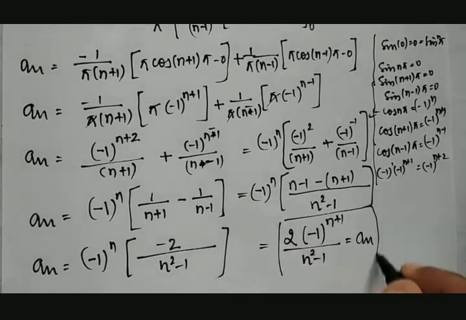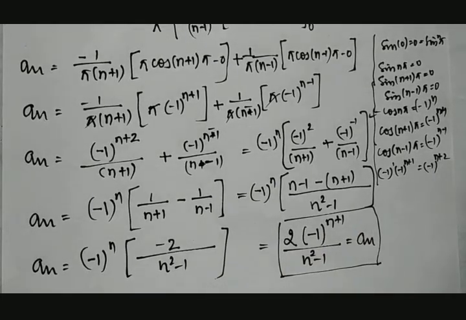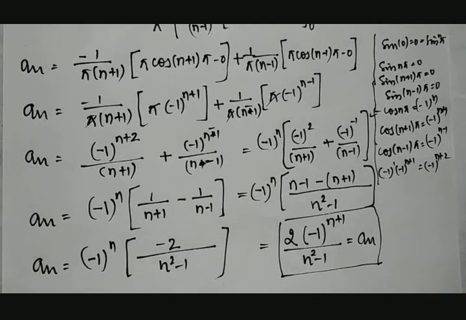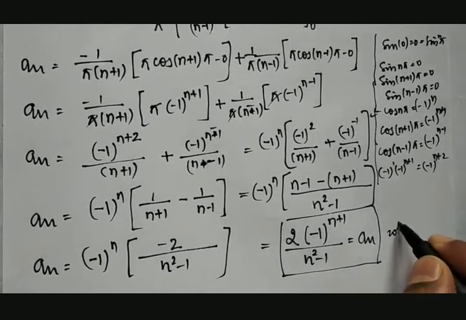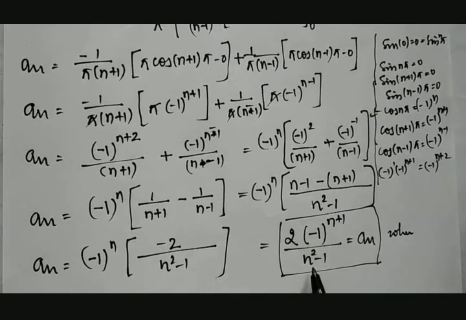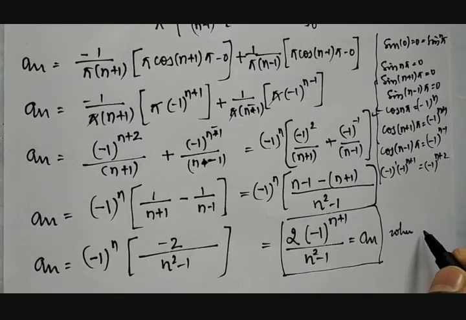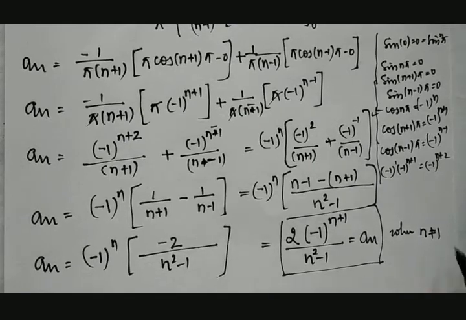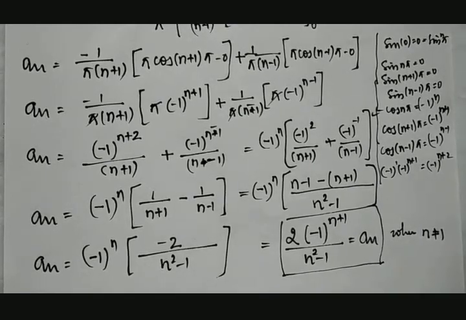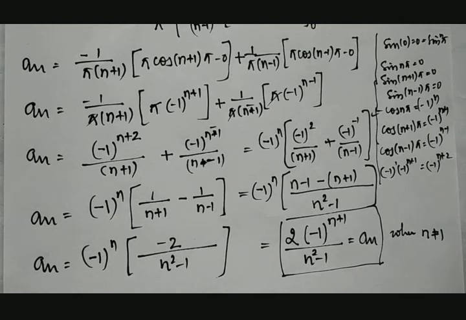But this is not a totally independent result, because it is a result with some condition: n square should not be equal to 1, meaning n should not be equal to 1. Why is it so? In previous examples we have not taken such cases.